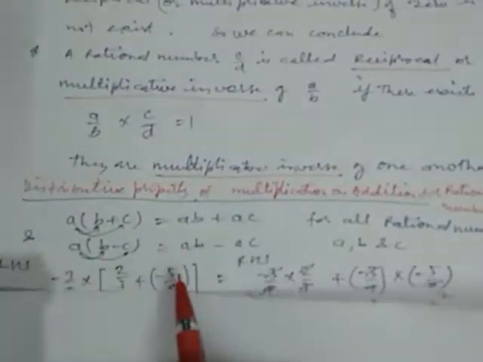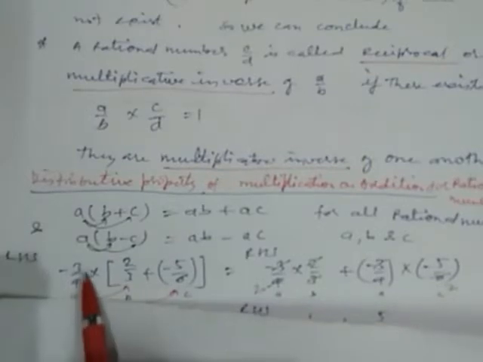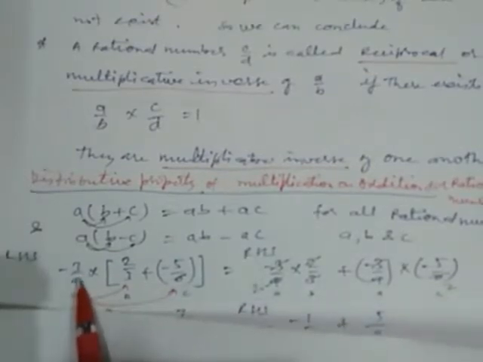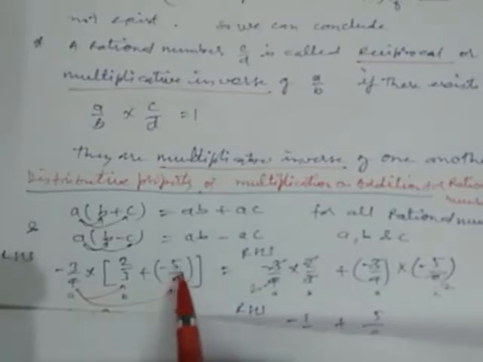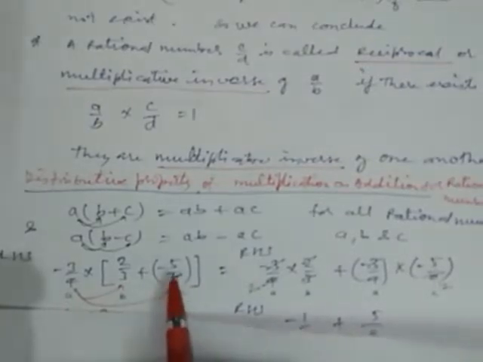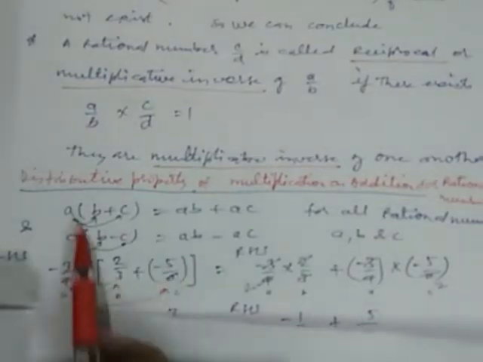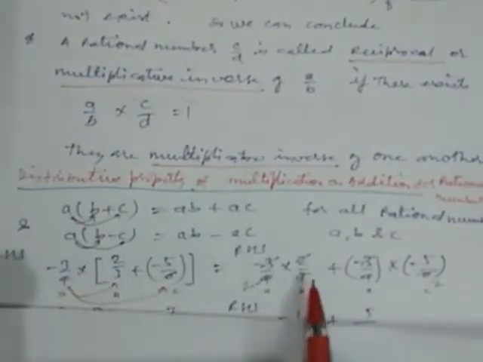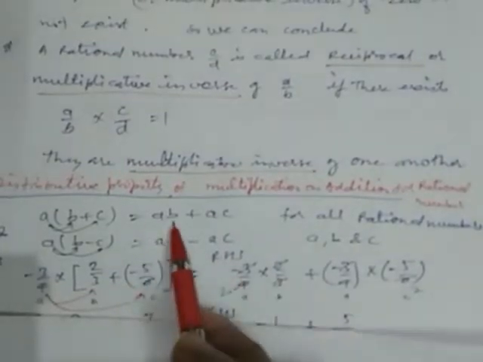By taking an example we can check. Here A is minus 3 by 4, B is 2 by 3 and C is minus 5 by 6. So here first we associate these two as B plus C, and here we can calculate AB plus AC.